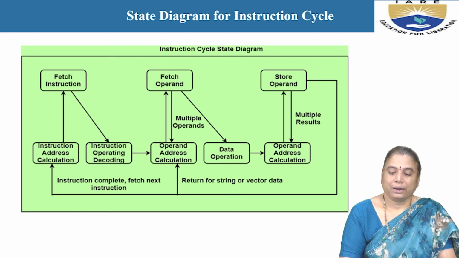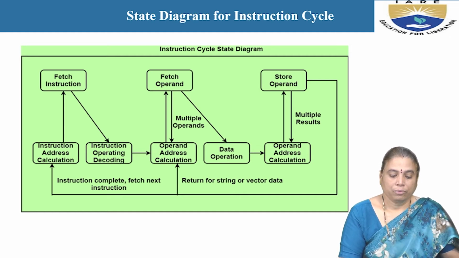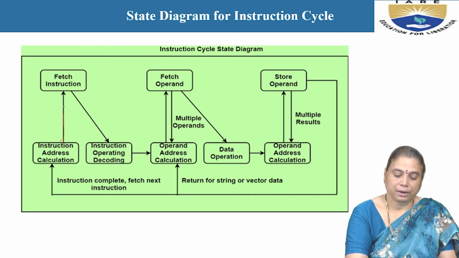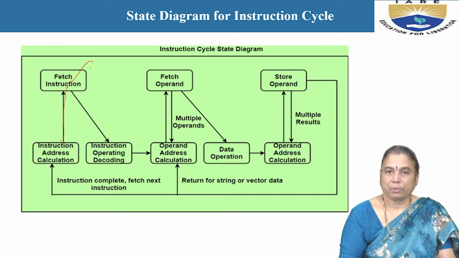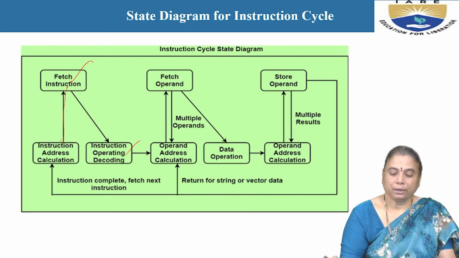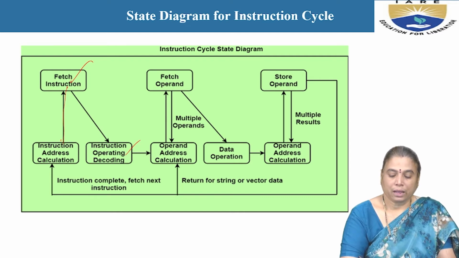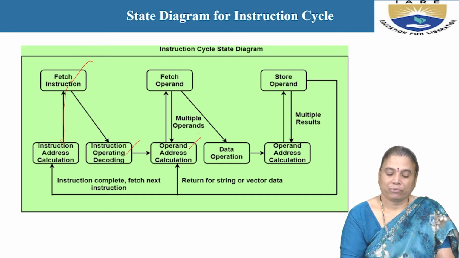Now, what is the state diagram for the instruction cycle? Here, fetch the instruction. The instruction address calculation is done first, and with this address the fetch operation can be performed, and instruction operation decoding can be done, and we have to fetch the operand. So operand address calculation can be performed.